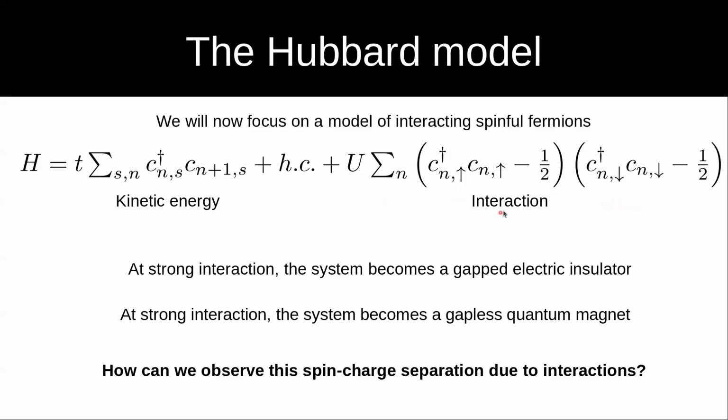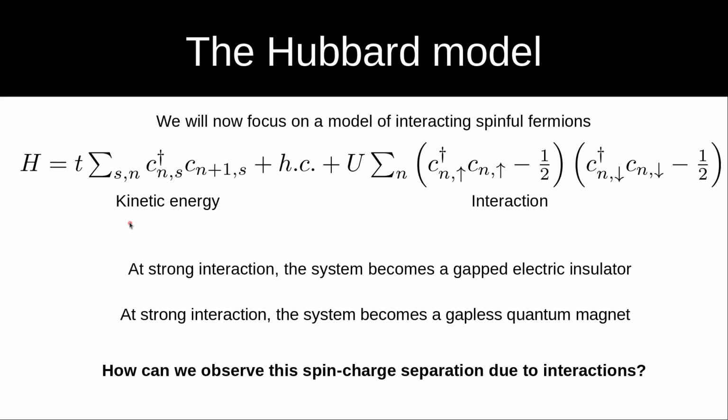What is important about this model is that it has something called spin charge separation. What this actually means is that the dynamics of the charge is different from the dynamics of the spin. Let me emphasize that the model originally has electrons, and the electrons themselves have both charge and spin.